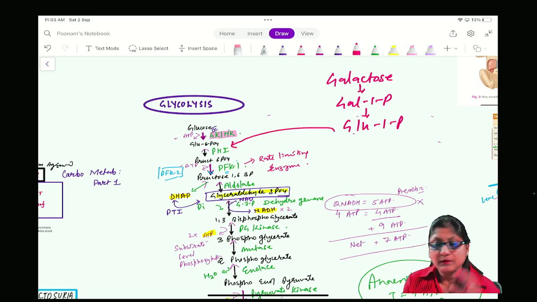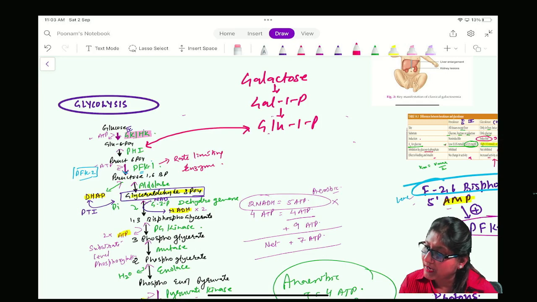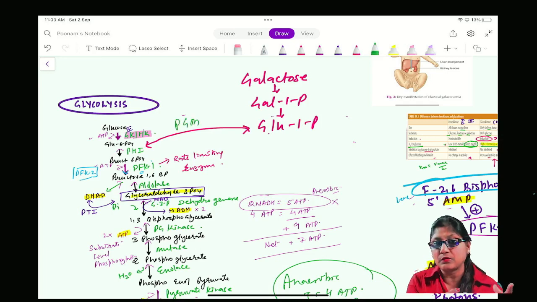That's it. This is the pathway of galactose metabolism. Ultimately, glucose 1-phosphate is converted to glucose 6-phosphate by the phosphoglucomutase enzyme, and this glucose 6-phosphate will be either utilized in glycolysis or stored in the form of glycogen, because glucose 6-phosphate can do anything in the cell, right? So this is how galactose is ultimately going to enter the glycolytic pathway.